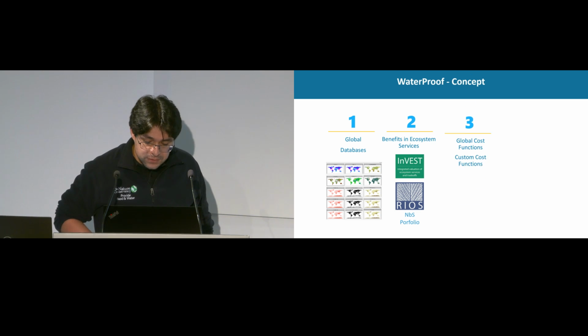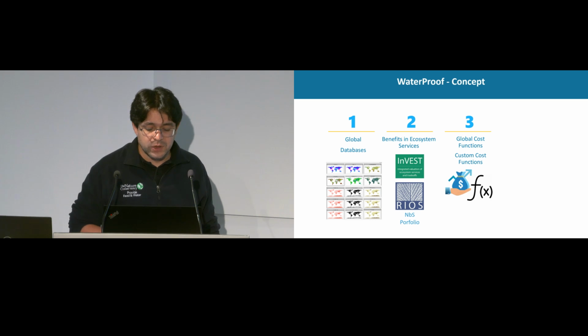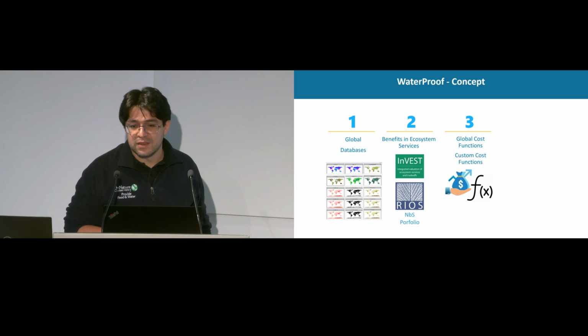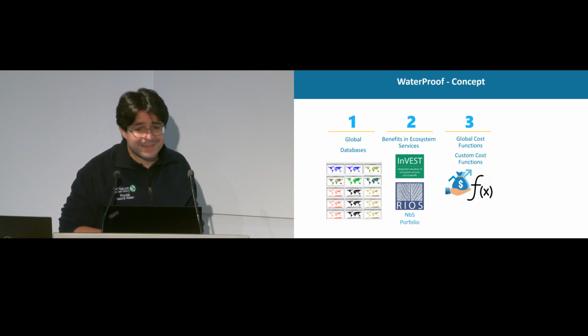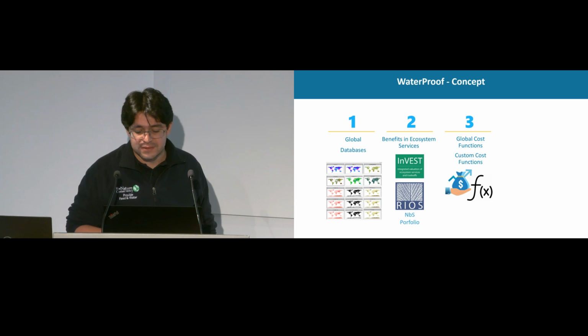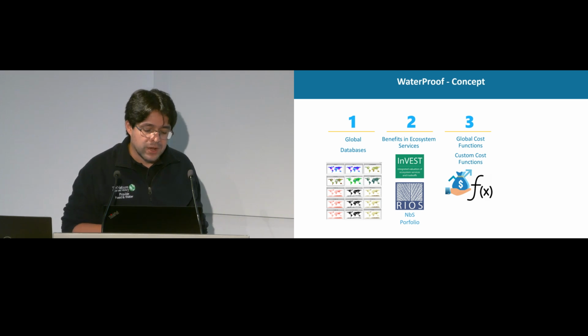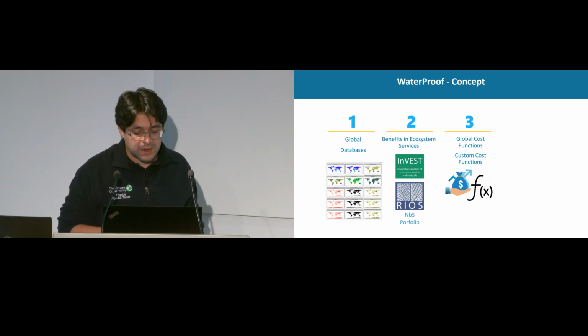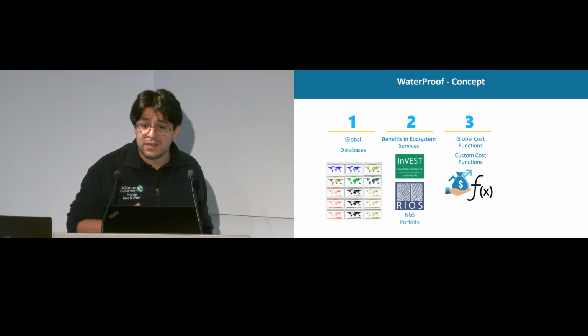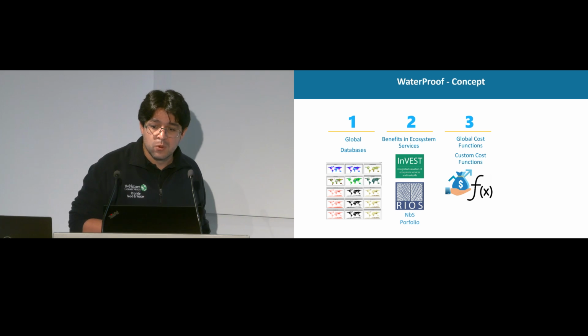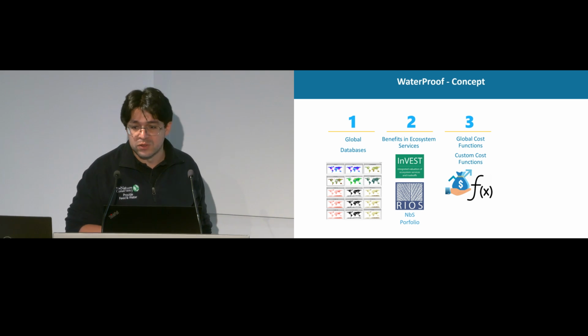So using these modeling packages, we have the changes in the ecosystem services, and the idea is to monetize these benefits, right? And we do this using something that we have called cost functions. And a cost function is the relationship or the mathematical equation that can relate the operation and maintenance cost of the infrastructure with the changes in the variables that we are modeling.